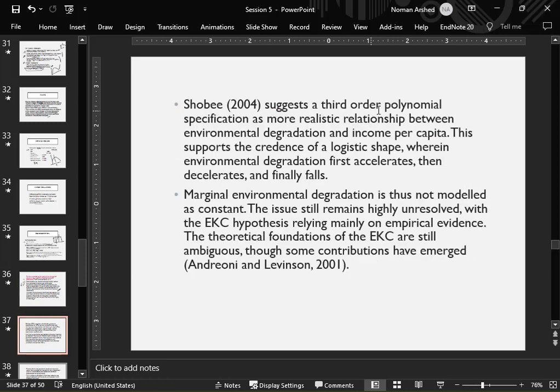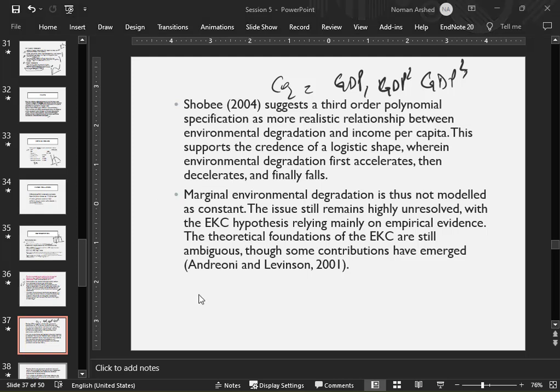Shobi in 2004 suggested the third order polynomial. What he did, he used CO2 as the dependent variable and GDP, GDP square and GDP cube as independent variables to check for the delinking or environmental Kuznets relationship between environmental degradation and income per capita.